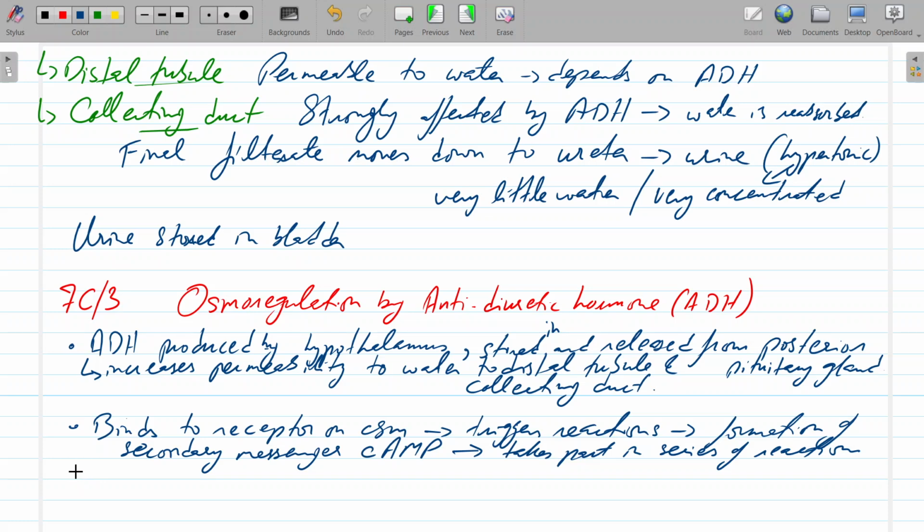And what that does is it causes the movement of vesicles containing water channels to fuse with the cell membranes of the tubules and increase the permeability.